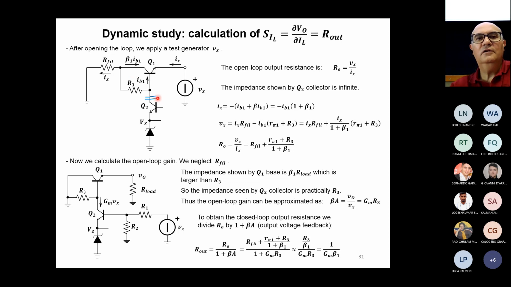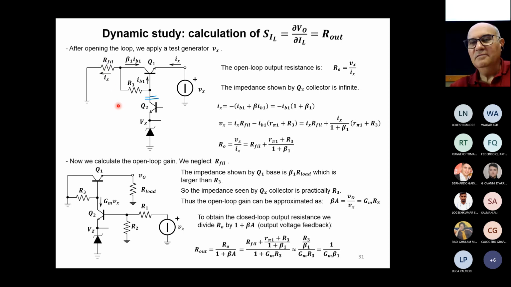But due to the fact that the collector of Q2 is open, on resistance R filament, the two currents will recombine and they will be equal again to Ix. You see, the current goes here, then splits from here and here, and then the two currents will recombine here. There are no other ways where this current can go. So the current Ix is the same as the current here on the filament resistance.